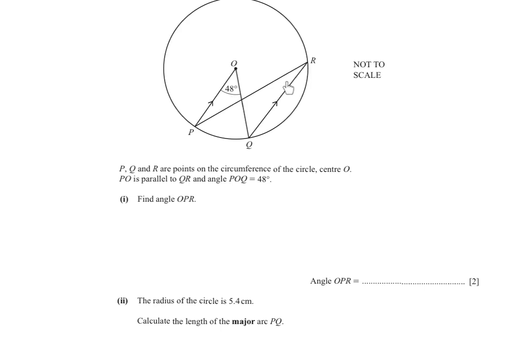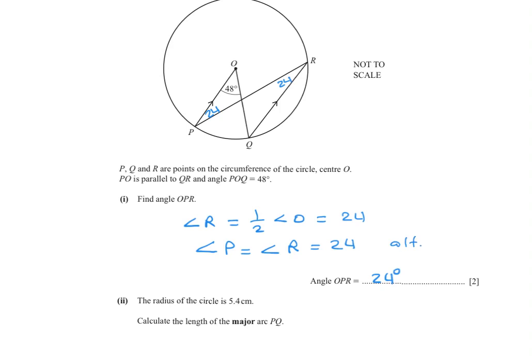Half of 48, so this angle is 24. And because this side is parallel to that one, this angle equals that one, so this is 24. Now angle OBR is 24. And you can write angle R equals half angle O equals 24, and angle B equals angle R equals 24 because they are alternate.